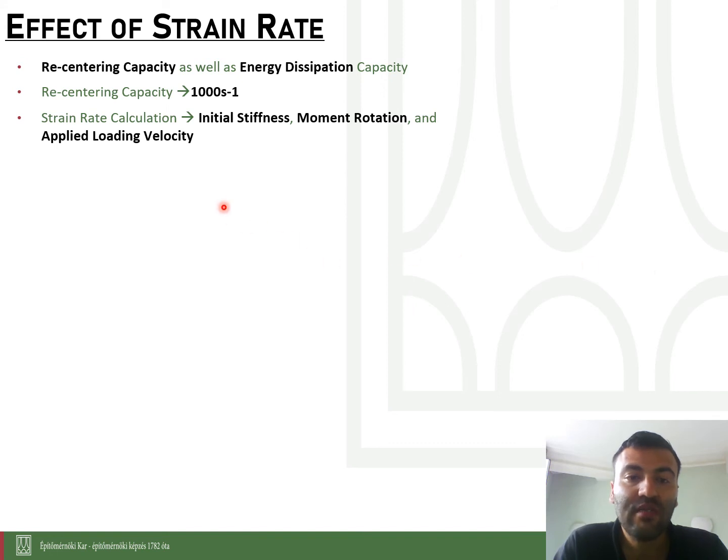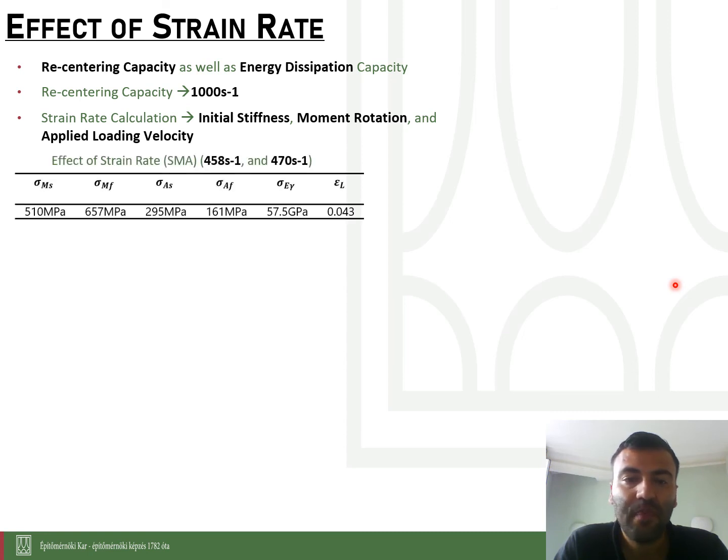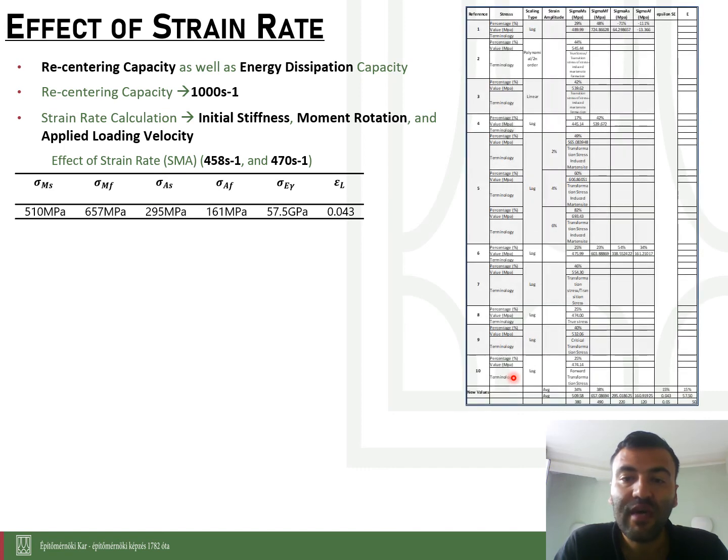This strain rate is based on the analytical calculation, which is taken from the Eurocode design, and the applied loading velocity. These are the characteristics of the SMA bolts after the inclusion of the strain rate effect.